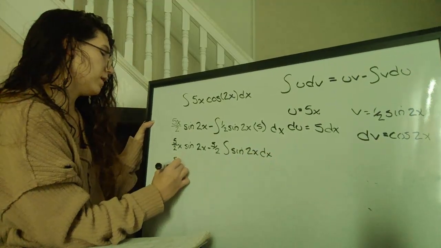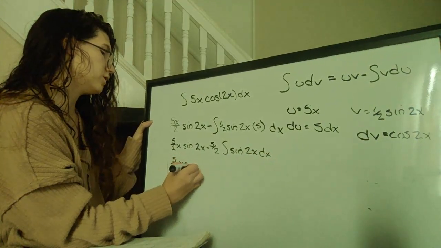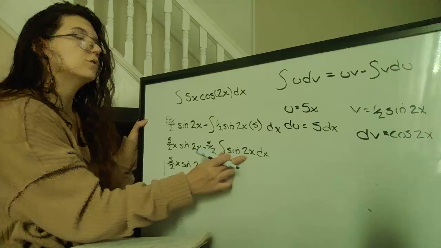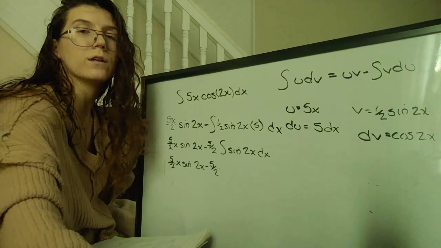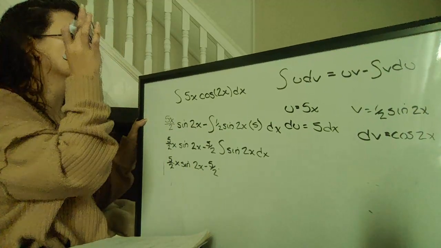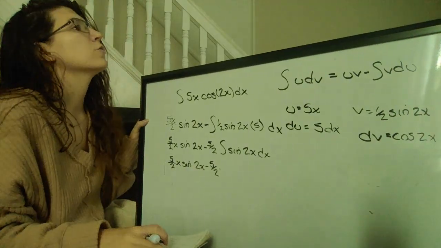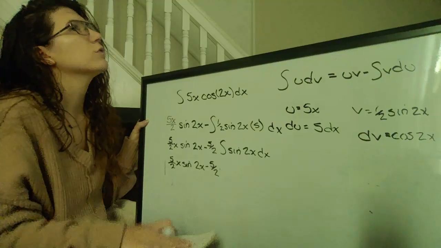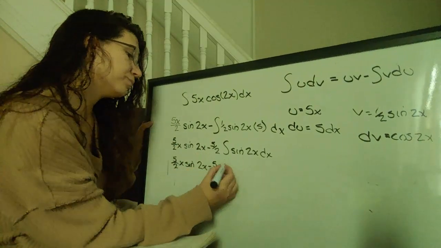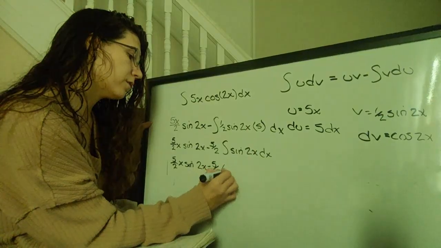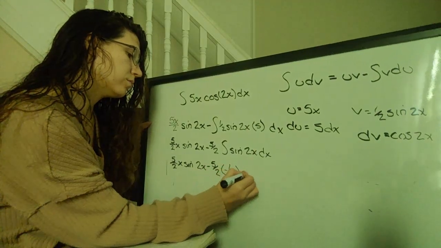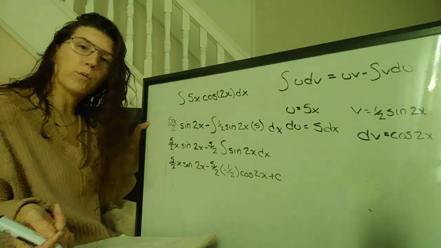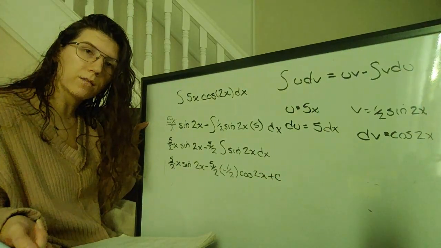So here I can do another u substitution that I'm not going to walk through the steps of, because all I'm going to do is just divide by whatever the derivative is of the inside. The integral of sine: derivative of sine is cosine, derivative of cosine is negative sine. So this is going to be negative cosine times 1/2. If we were to do the u substitution, we would end up getting that.